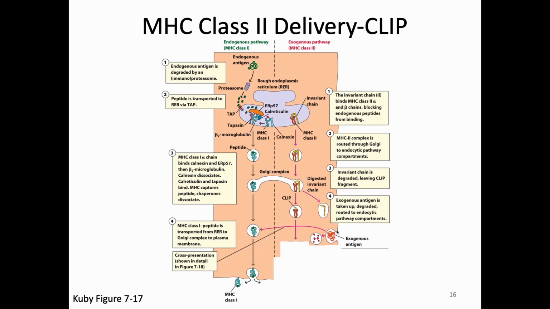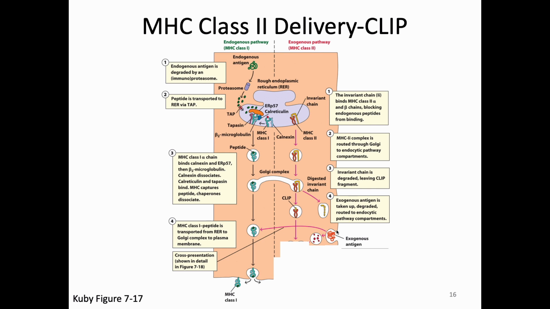And so this is the actual picture from your textbook. MHC is biosynthesized in the ER along with invariant chain. You can see invariant chain is plugging up the cleft so that these peptides can't get into class II. They can only get into class I. As class II goes through the biosynthetic secretory pathway, it gets degraded a bit, until at the end, MHC class II is just left with a little piece of invariant chain covering the cleft.